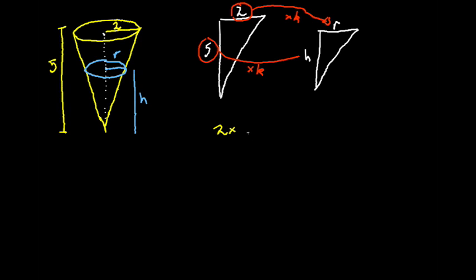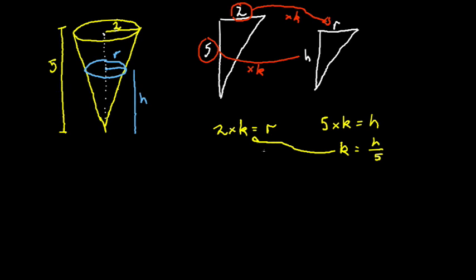So I'm going to use that property. 2 times k, I don't know what it is, but some constant, is going to be my r, and I've also got 5 times that same constant will give me h. And just rearranging, I can say k is actually the same as h over 5.